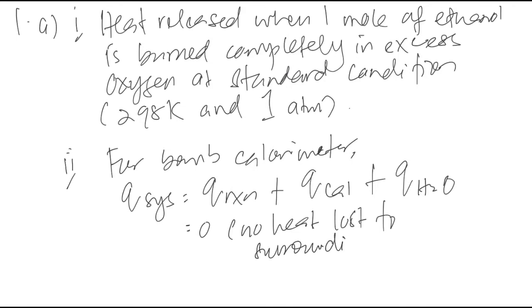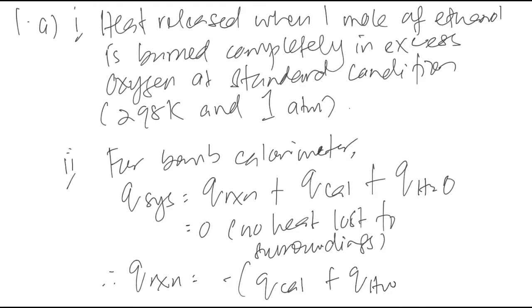So when we assume there is no heat loss to surroundings, our Q system equals 0. Therefore, the Q reaction will become negative Q calorimeter plus Q water. So this is the formula we use for Bohm calorimeter to calculate the heat of reaction.